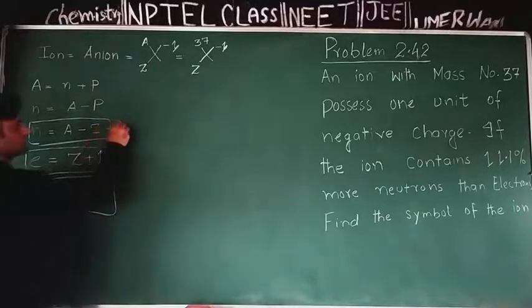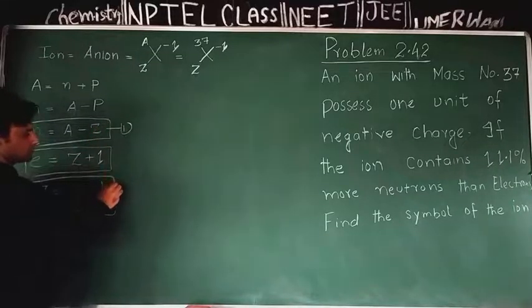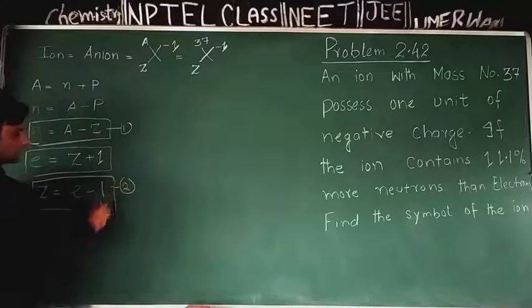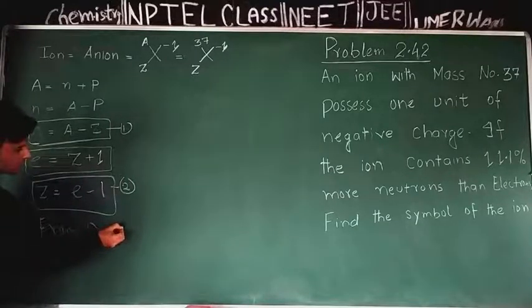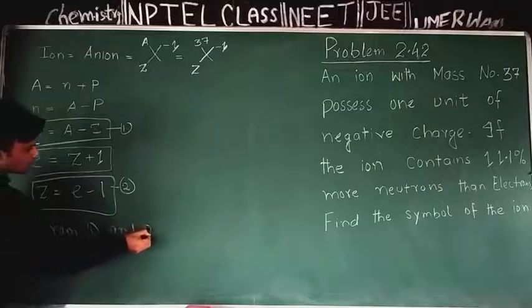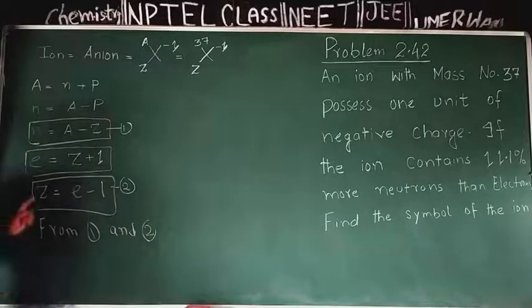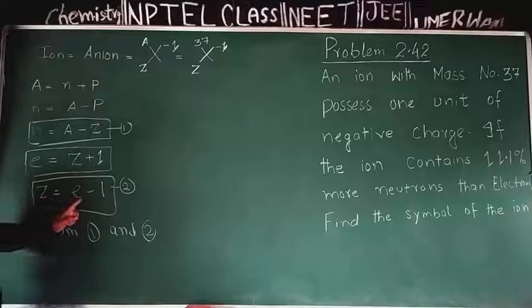If this is equation 1 and this is equation 2, from 1 and 2, I will express Z in terms of number of electrons here in equation 1.